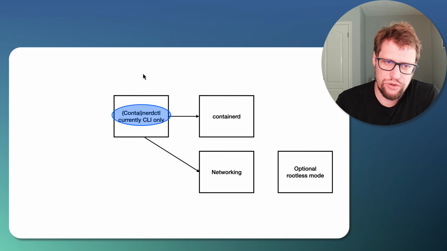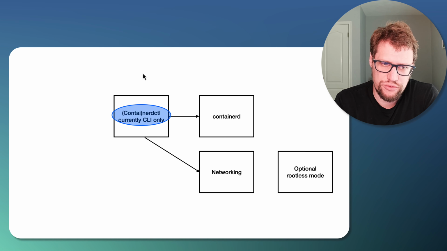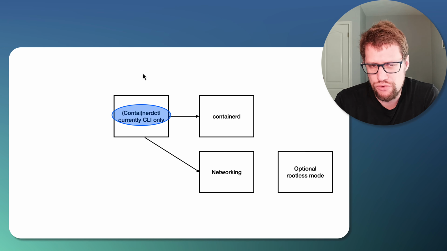You have nerdctl, which talks to containerd.sock and is currently CLI only. If they would expose an API, you would have the same capabilities as with Docker, but currently I checked on their GitHub page, they don't really have an API. So you can actually alias nerdctl into Docker, so the commands are exactly the same as in Docker.